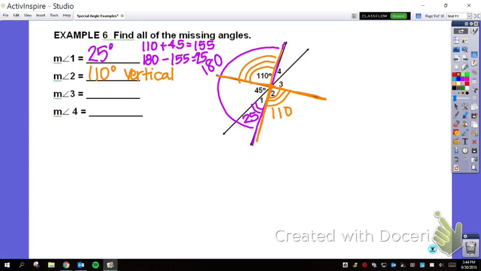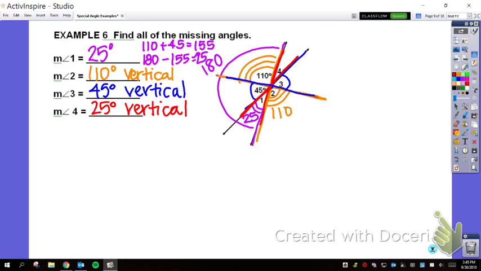Now, I think you kind of get the gist of this, so we could also say angle 3 is vertical with 45 degrees. So angle 3 is going to be 45 degrees because of vertical angles. So likewise, we have angle 1, and angle 1 is vertical with angle 4, so angle 4 is 25 degrees.